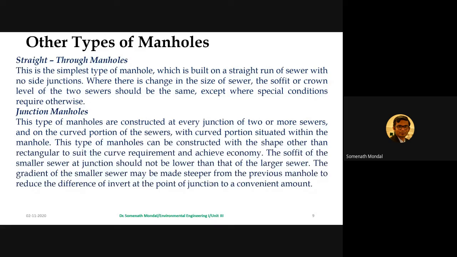So the gradient of the smaller sewer may be made steeper from the previous manhole to reduce the difference of invert at the point of junction to a convenient amount. So that is fine, but then you cannot change the level of the soffit. Fine. So this is also very important to remember.